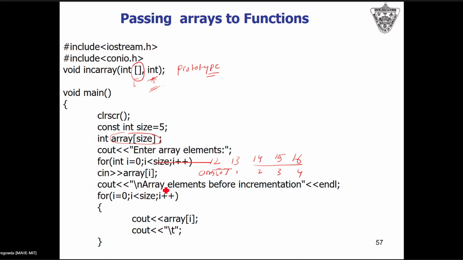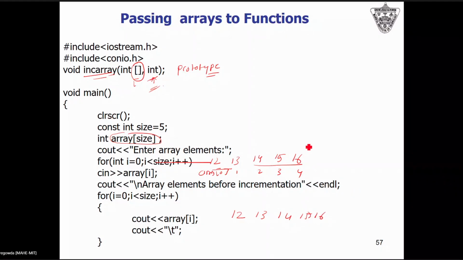Next, I am going to display the array elements before invoking the function increment array, so that when I display it on the user screen, you can see the values 12, 13, 14, 15, and 16.